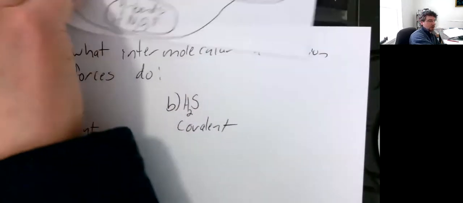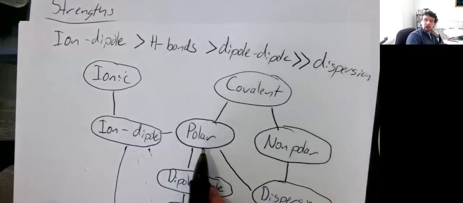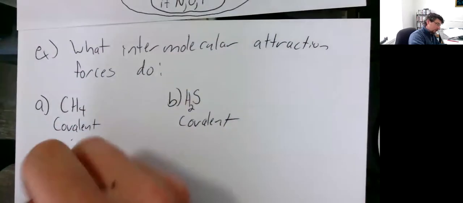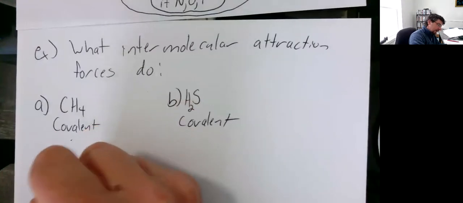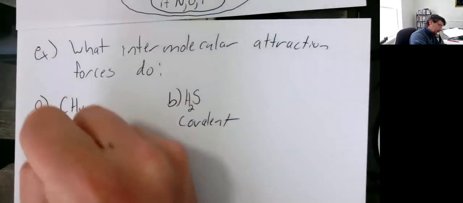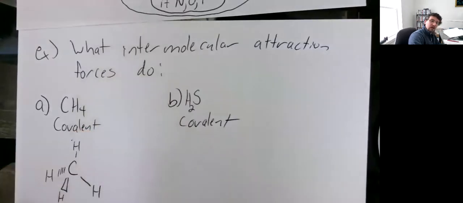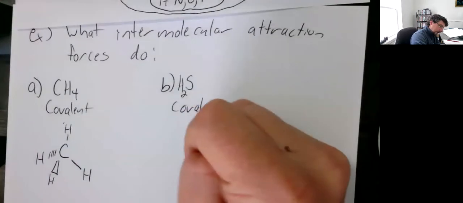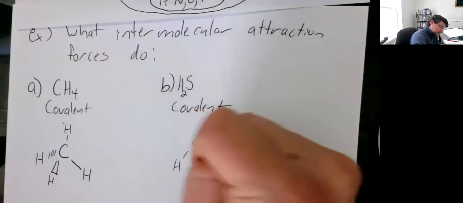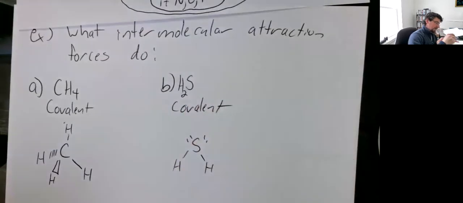Next, we have to determine if they are polar or non-polar, and we do that by drawing the Lewis structures and then considering the bond dipoles. So I'm going to draw a three-dimensional representation of methane, and then we have hydrogen sulfide.